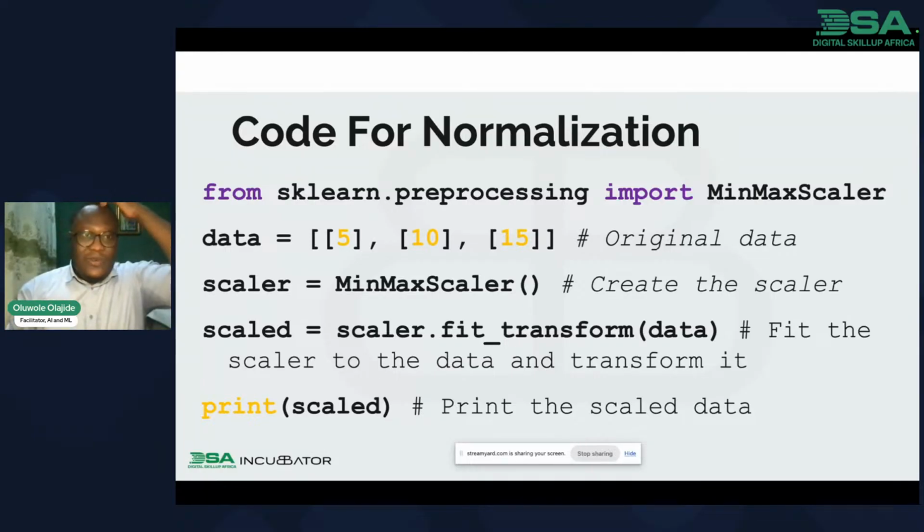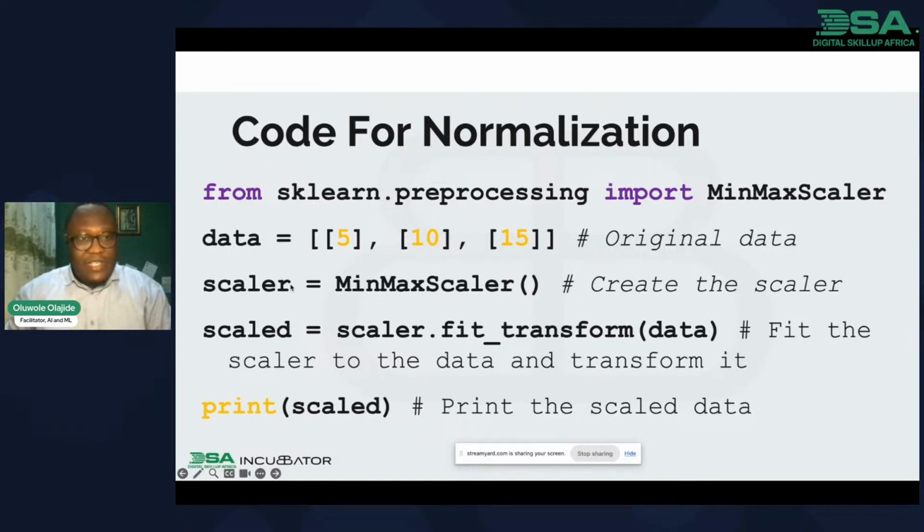So for normalization, you import your MinMaxScaler. In Python we don't call it normalization, we call it min-max scaling. You have your original data here, 5, 10, and you want to scale the data to fall between 0 and 1, not less than 0 and not greater than 1.